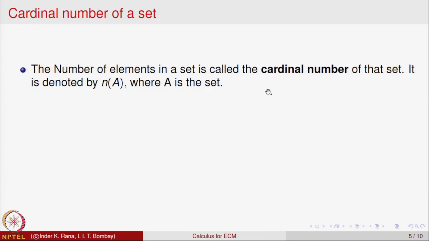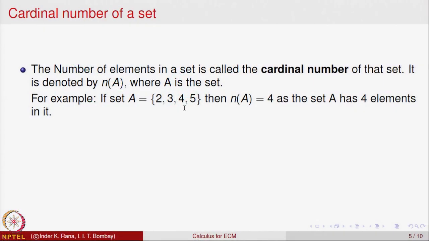So, we are not going into detail what is called a finite set and what is an infinite set. So, intuitively, if you can count the number of elements in a set, then you associate a number called n of A with it, right. That is called the cardinality of the set, or the cardinal number of the set. For example, for the set A with elements 2, 3, 4, 5, it has 4 elements: 1, 2, 3 and 4. So, n of A is equal to 4.